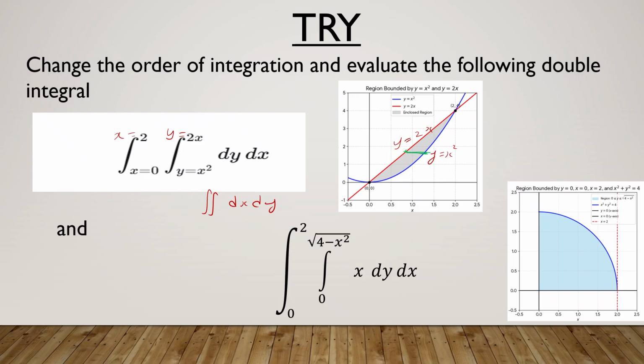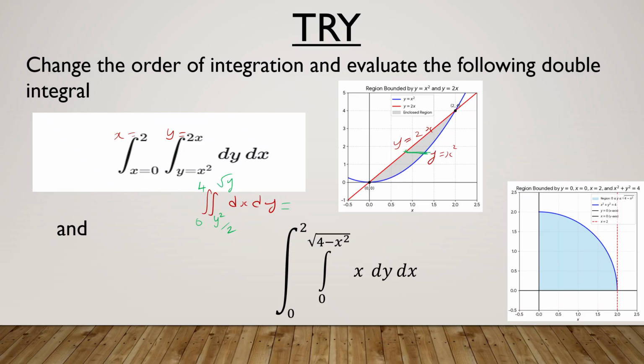So the order of integration is double integration dx dy. The x limits are from y square by 2 to root y, and the y limits are from 0 to 4. Then you need to evaluate this and get the value.